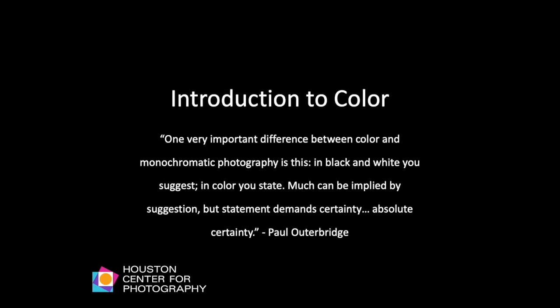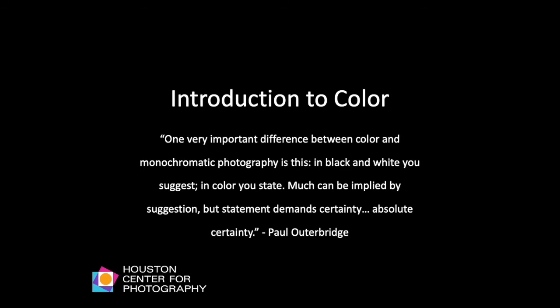We were just talking about color in the previous slides. So I've got a quote here from Paul Outerbridge, who was best known for his pioneering work in color photography and his avant-garde use of compositional space.